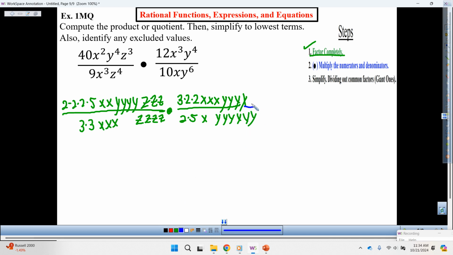All right. Then from there, we go to writing all the factors on the numerator. We got 5 2s. We got 1, 3. We got 1, 5. We got 5 x's. We got 8 y's.